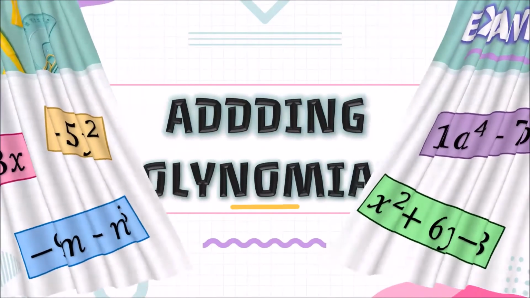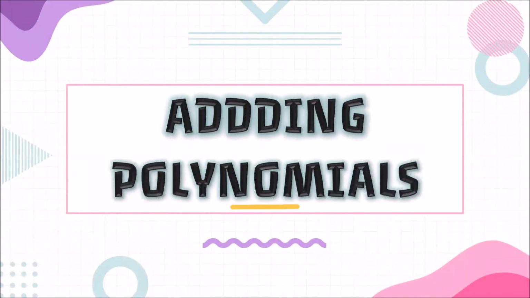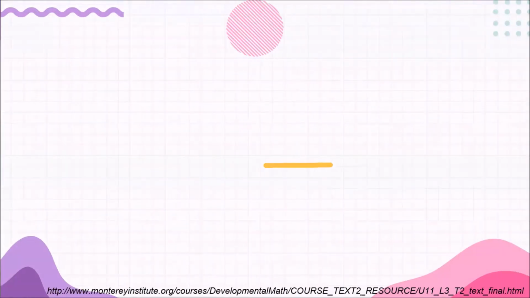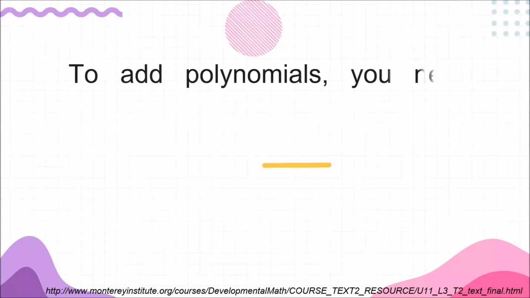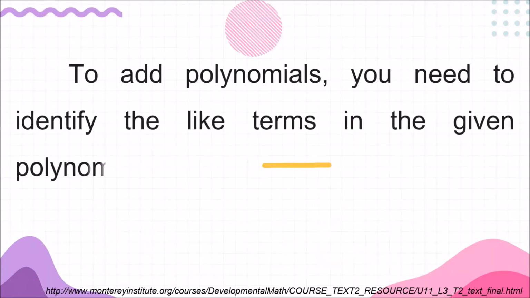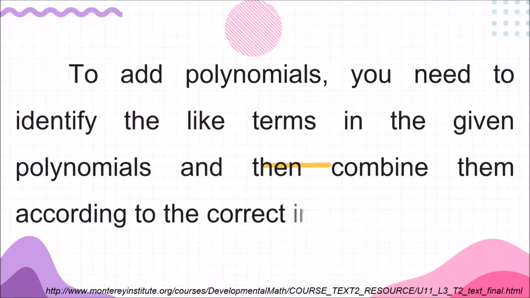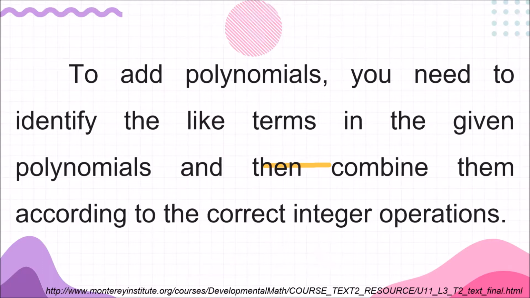And now, let's proceed in adding polynomials. To add polynomials, you need to identify the like terms in the given polynomials and then combine them according to the correct integer operations.